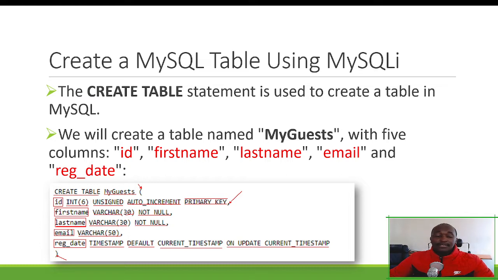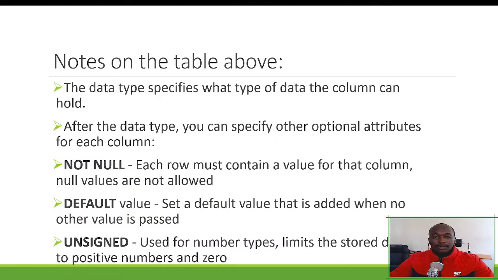It simply means that when you add a person, you're not going to add the registration date. It's simply going to take and store the time when that particular record was created. So that is what this particular statement does. That is what update current timestamp does. And the data type for that particular column has to be timestamp. Okay, so let's move on.